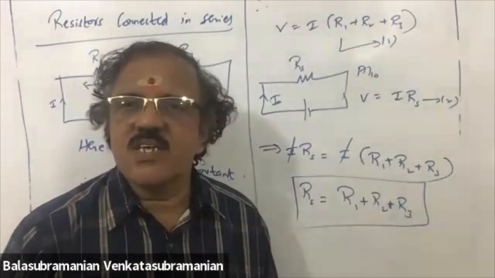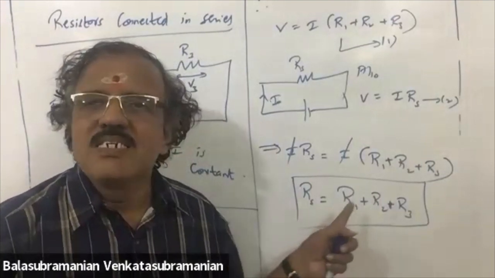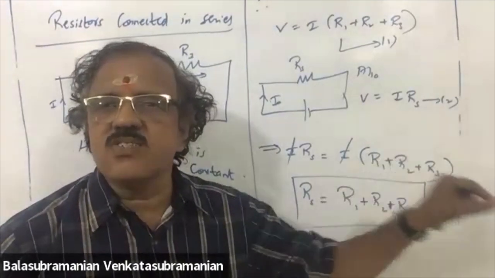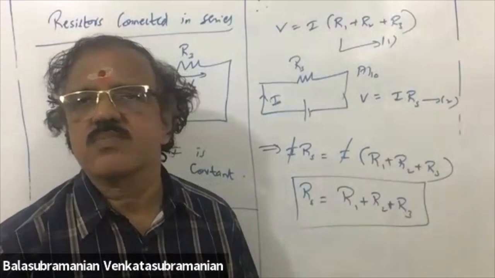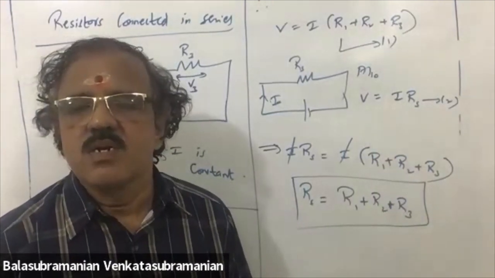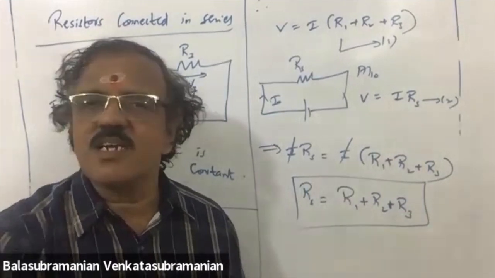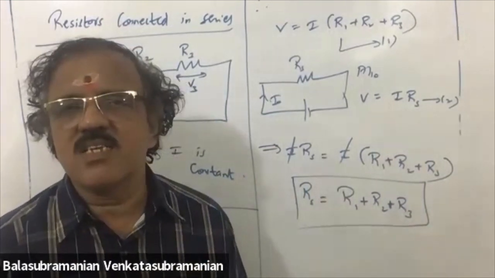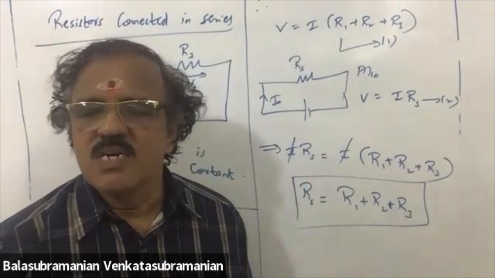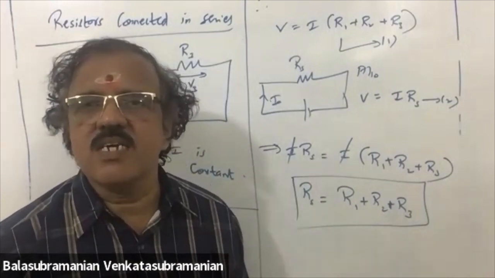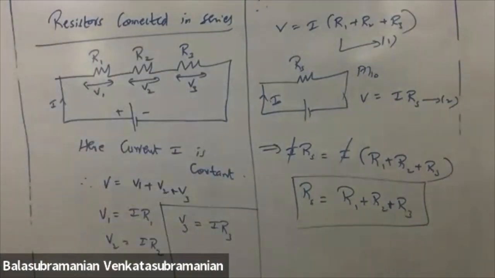So the resultant resistance will be the sum of the individual resistors. 2 means R1 plus R2, 3 means R1 plus R2 plus R3, and so on up to Rn, the nth resistor. Resistors connected in series. Next.